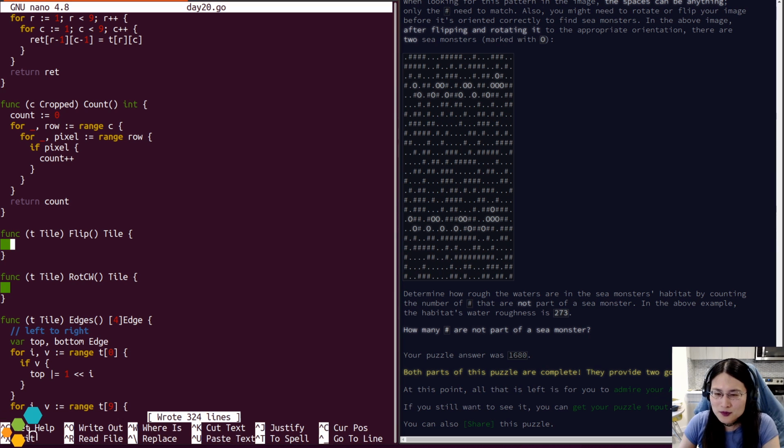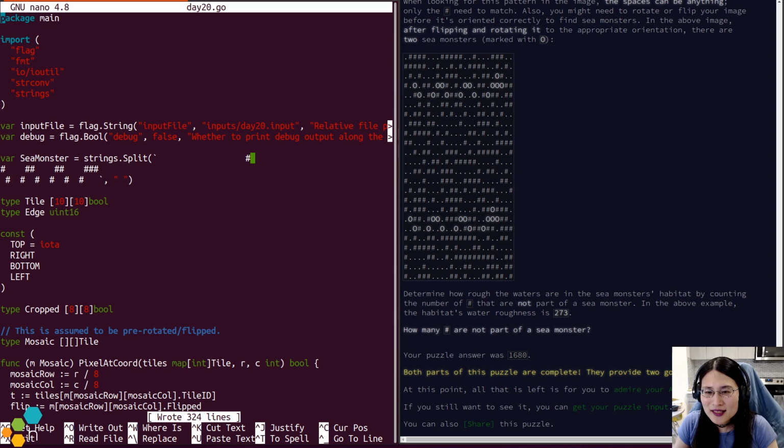Okay, so the flip case is relatively easy. You have to pick an axis, any axis, it doesn't matter. Because these are encoded as a bool array, since the amount of memory used here doesn't really matter. I could use a bit array, but it becomes more challenging to read the code.